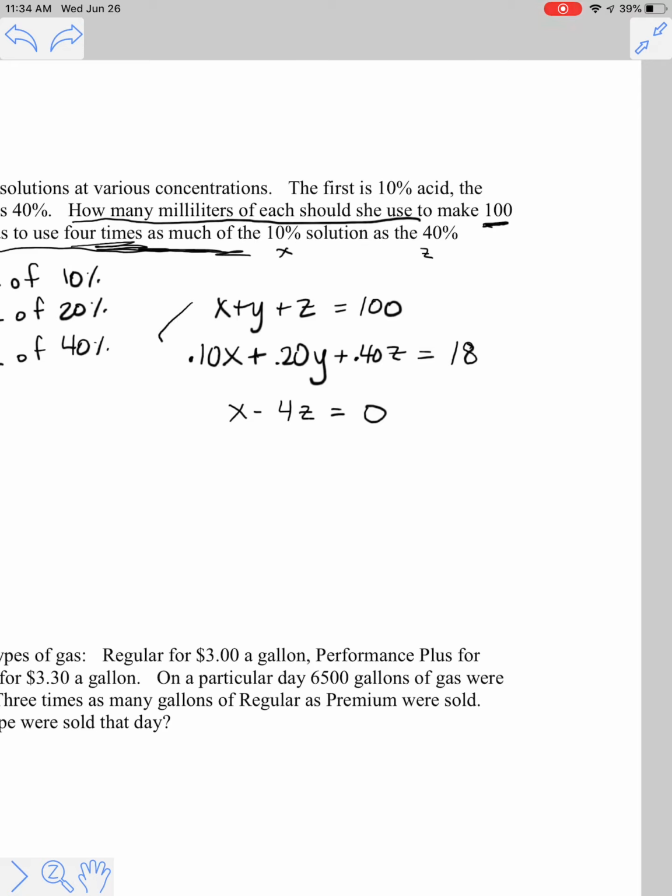So what I'm going to do is combine equations 1 and 2 and try to eliminate the y variable, so that I can end up with an equation with x and z and combine it with this one. So the top equation is x plus y plus z equals 100.